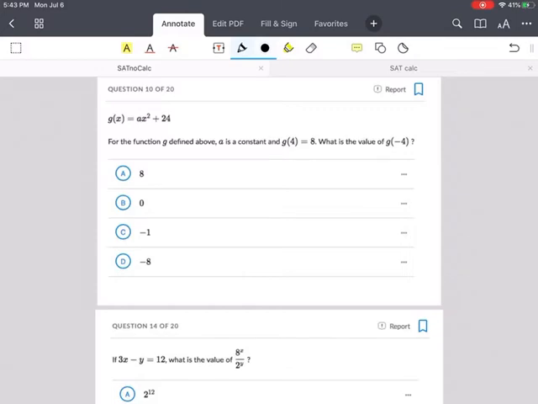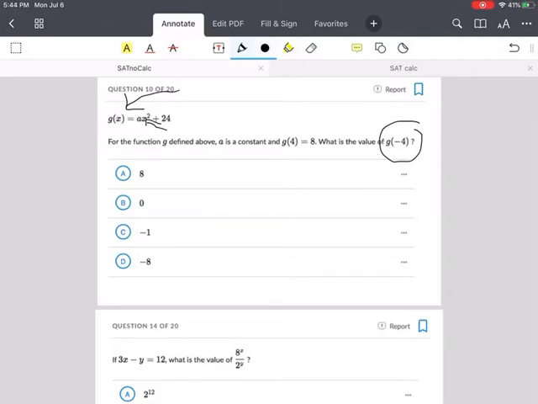So the popular approach by which most students would solve this problem is to plug in 4 for x, and then get the value of a, and then plug in negative 4 in the function. But if you look at the function, there's a much easier way to solve this question. g of 4 equals 8. That's going to go in right here.